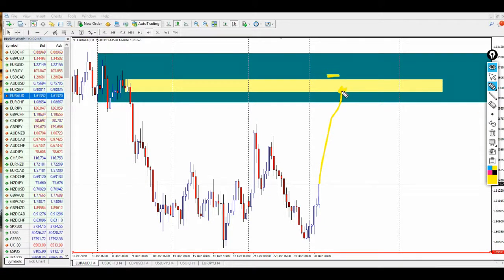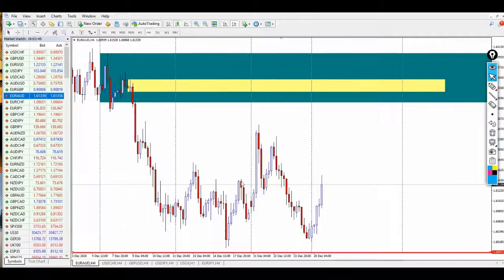If this supply zone is created by the big banks, they won't allow price to come and break and close above it. Instead, they will maybe consolidate around it and inside it, and then reverse the market, if it's the banks or the hedge funds, the big boys, that created it.